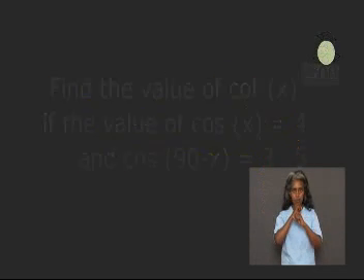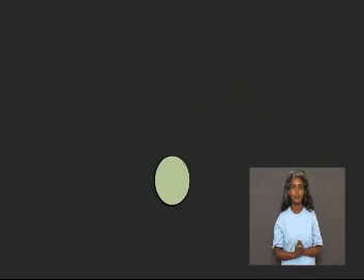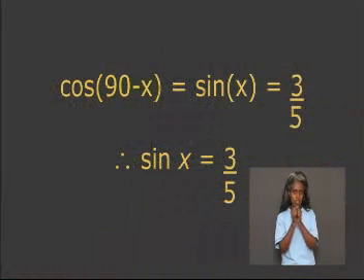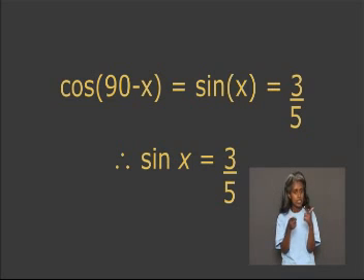Time's up. Let's get back to our lesson. Welcome back. How did you do? Let us work through this question together. The first step is to look at the second cosine value.